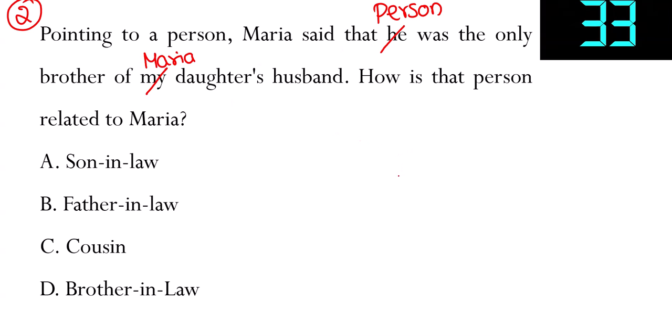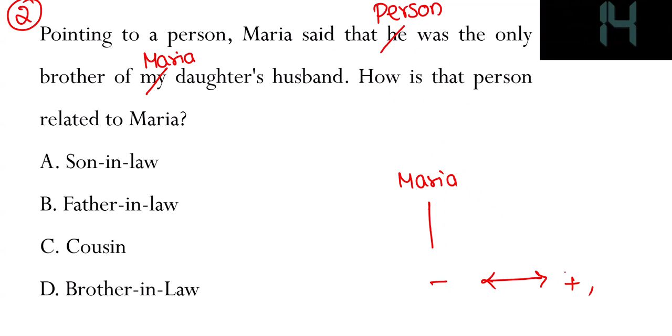Maria, daughter, husband. So the person was the only brother of Maria's daughter's husband.